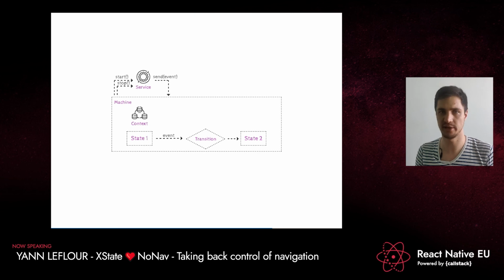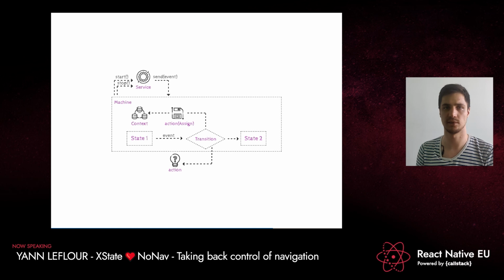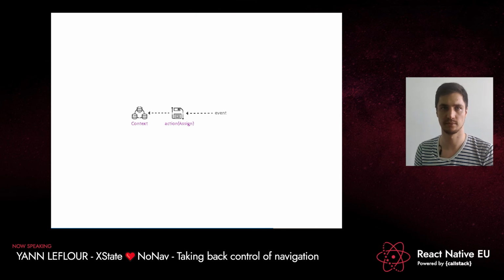They come under many forms and we won't go through all of them. But our main ones are assign actions, which allow us to update our state, and classic actions where we don't listen for any return event or value. The core difference with traditional state containers such as Redux is that those libraries only offer a subset of XState's tools.